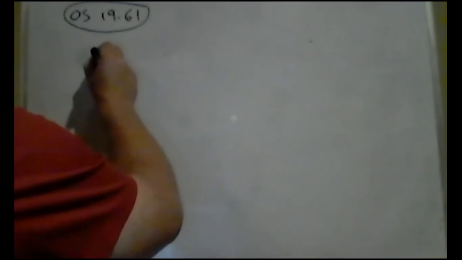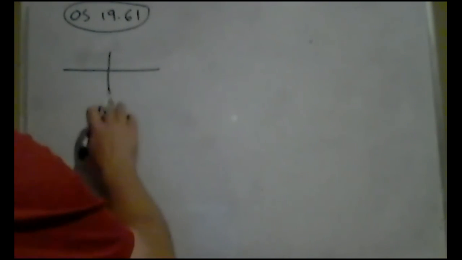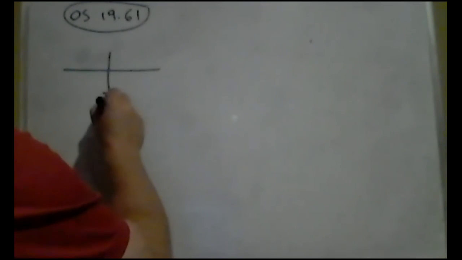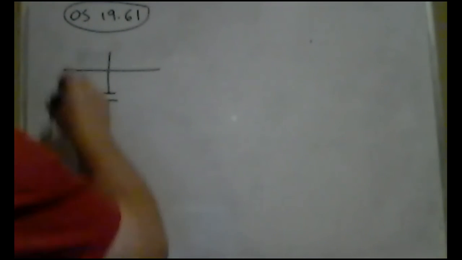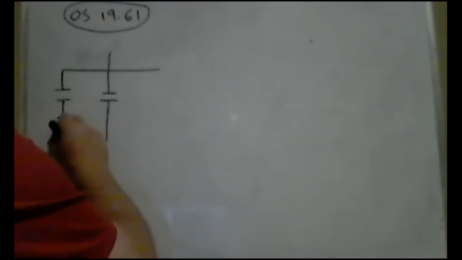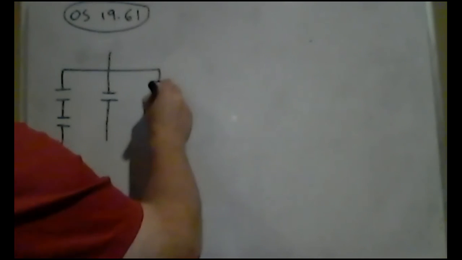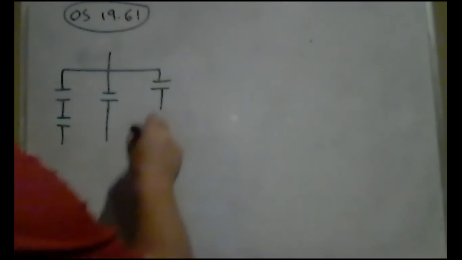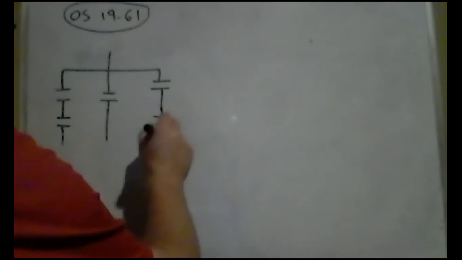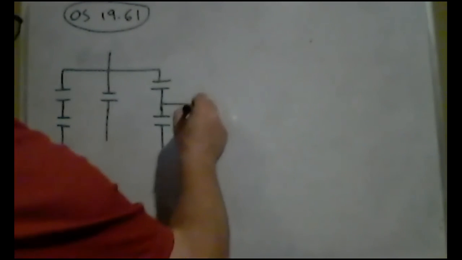So the original picture looks like the following. I have a little spine here and a cross. I have a capacitor in the middle, and on the side I have a couple of capacitors. Over here I have a capacitor, and then I branch. I have another capacitor here, and I branch off, and I have another capacitor on the side.